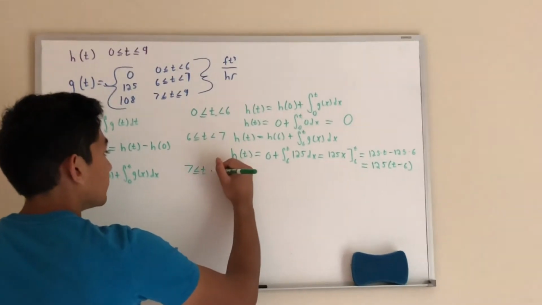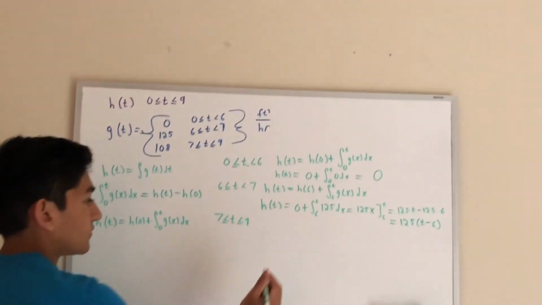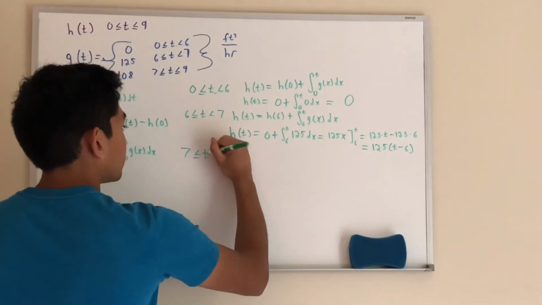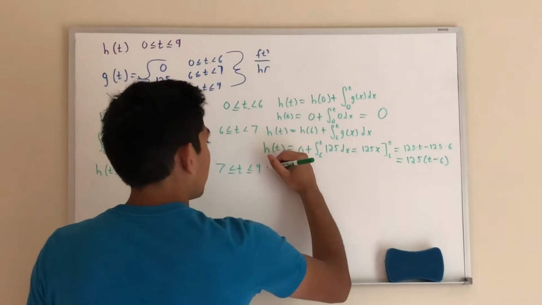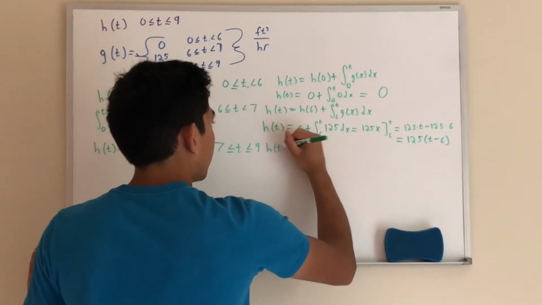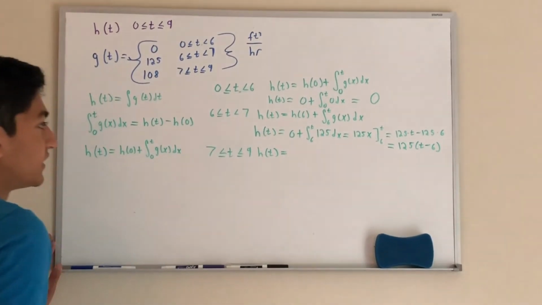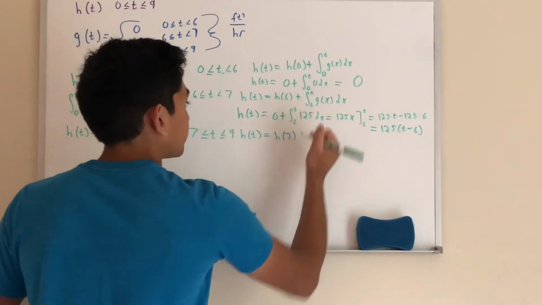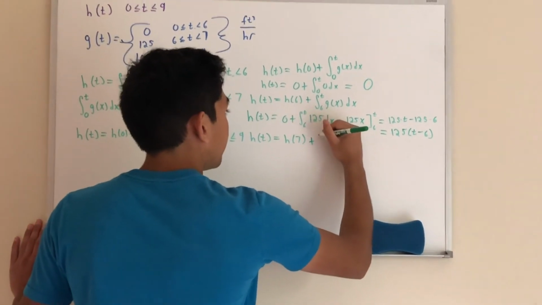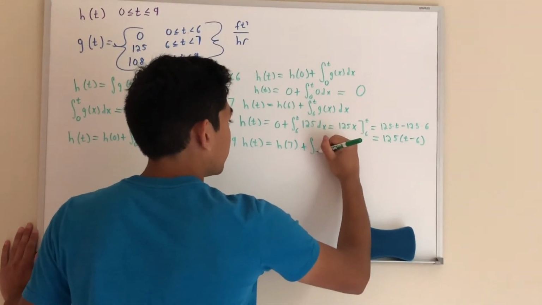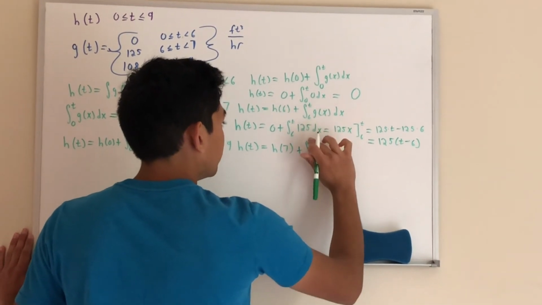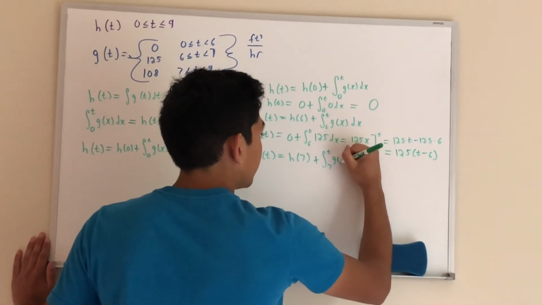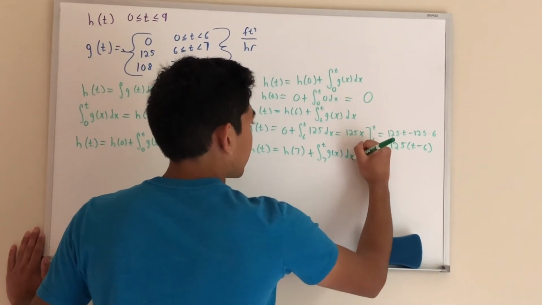So in this interval, we have h of t is going to be equal to h of 7, because that's our starting point, plus the integral from 7 to t of g of x dx.